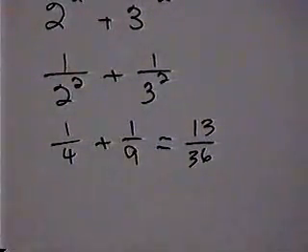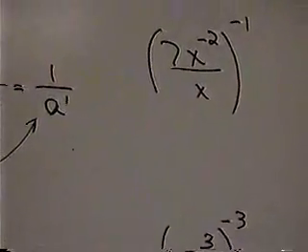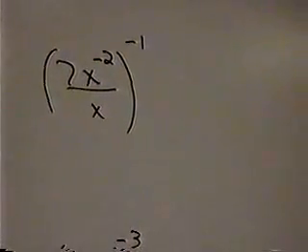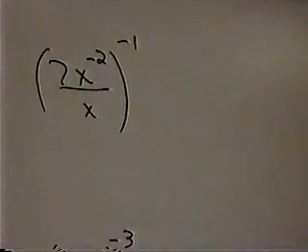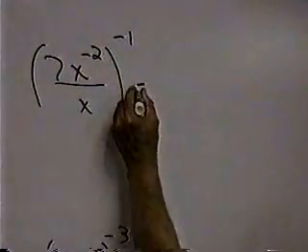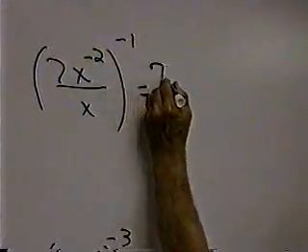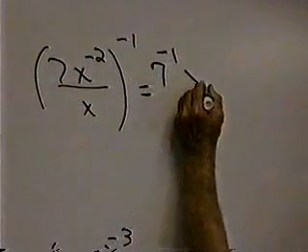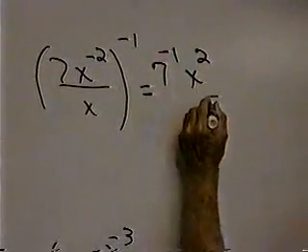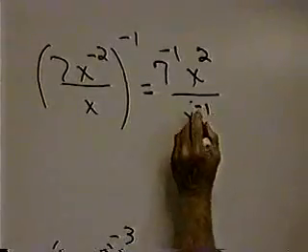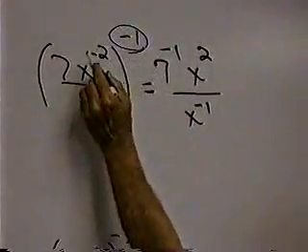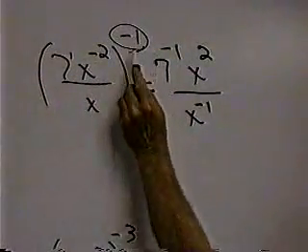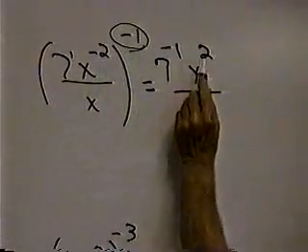Okay, next example. All right, what's the rule here? Multiply powers. So this is 7 times a minus 1, x times a plus 2, and x times a minus 1. Multiplying a minus 1 times a 1, a minus 1 times a minus 2, plus 2.